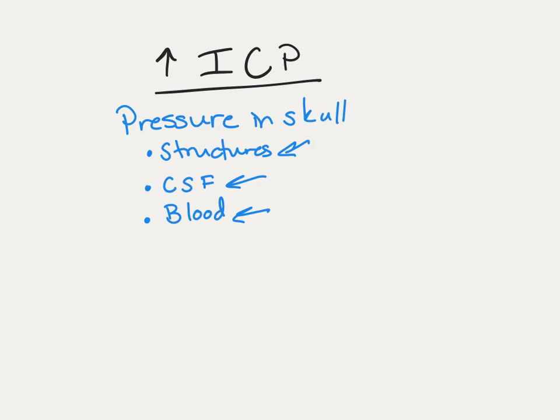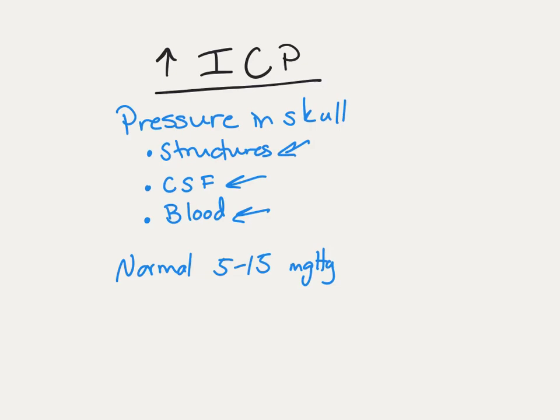Normal pressure is 5 to 15 millimeters of mercury, at least for adults. The values for children, depending on age, are a little fuzzier. We don't have quite the same strict guidelines, but generally speaking, if you can remember that 5 to 15, you're on the right track.